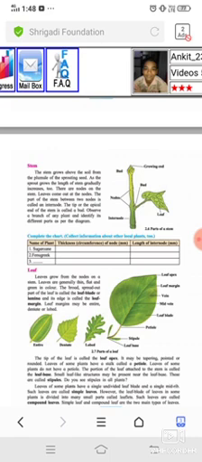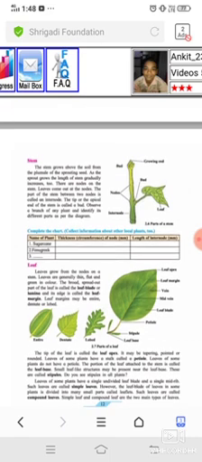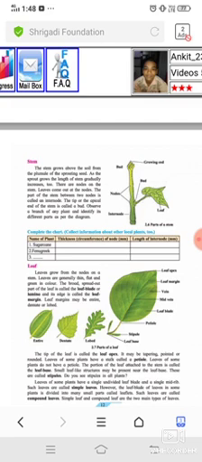Stem. The stem grows above the soil from the plumule of the sprouting seed. As the sprout grows, the length of the stem gradually increases. There are nodes on the stem.